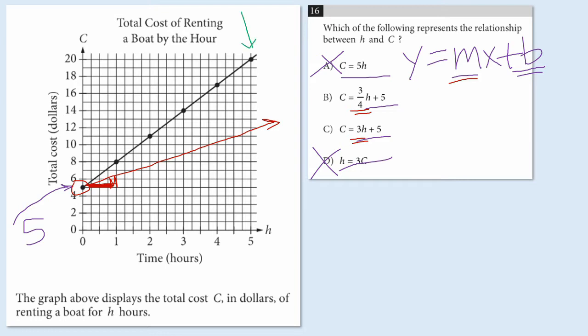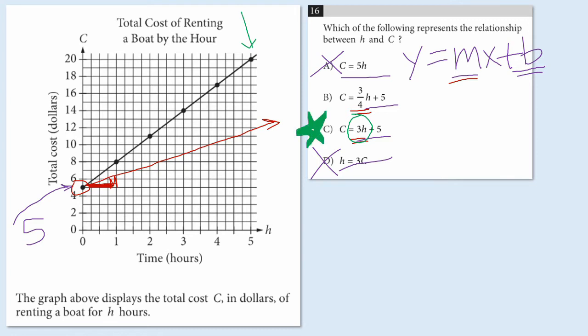Is its slope greater than or less than 1? Well, it's steeper, so its slope is greater than 1. So I know at this point that the answer choice that has the slope that's greater than 1 is going to be the correct answer. So we know that C is correct.